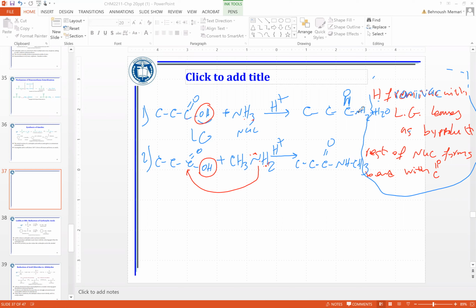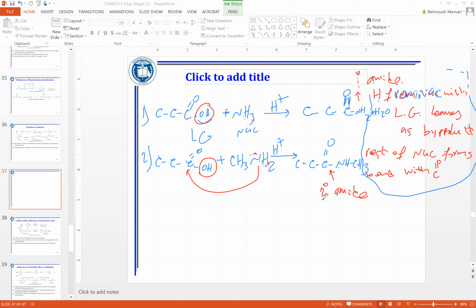Nitrogen for the first compound is attached to only one carbon. In this case, nitrogen is attached to two carbons. So the first product is a primary amide. The second one is called a secondary amide.